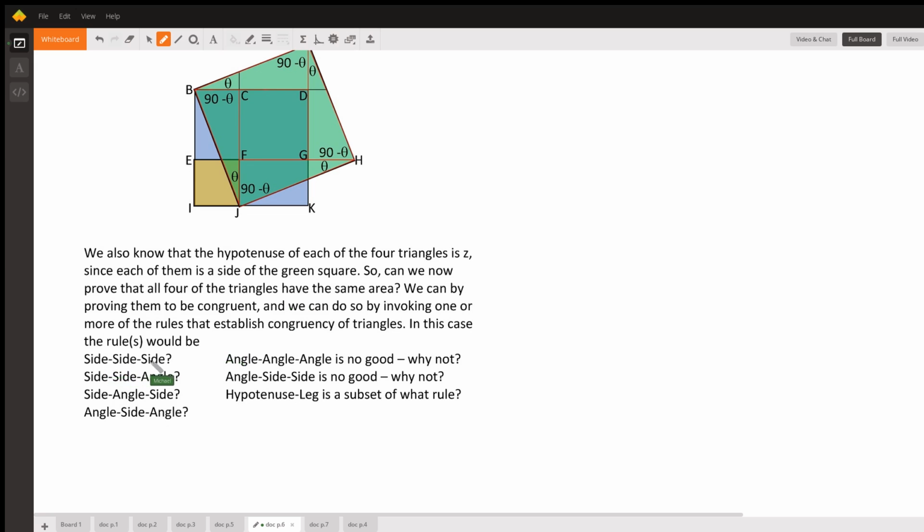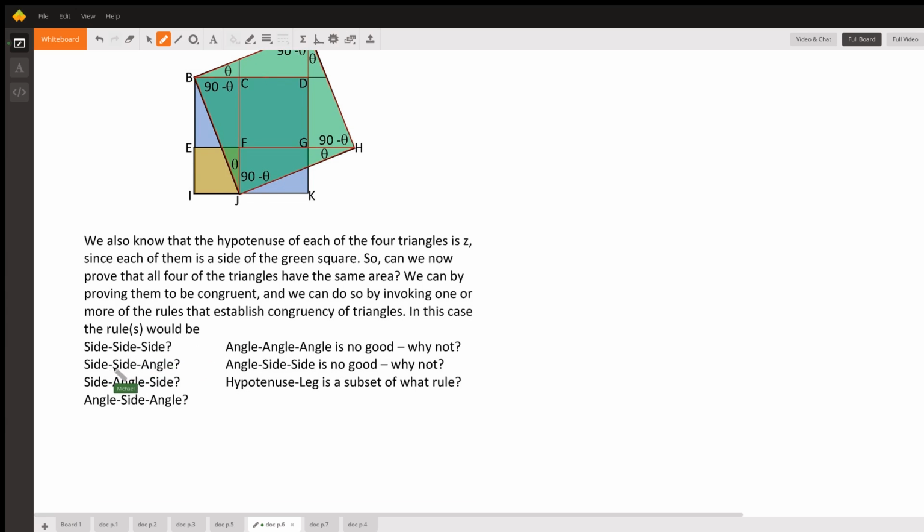Side, side, side. Now we only know one side. Side, side, angle. No, we only know one side. Side, angle, side. So we have 90 minus theta, and we have z, and we have theta. So we could use this one.